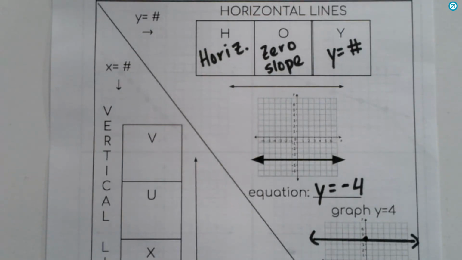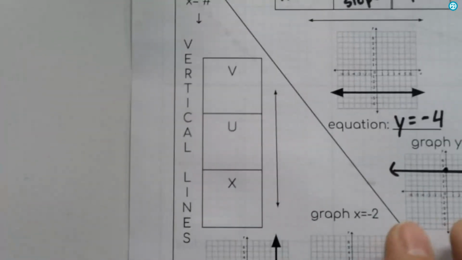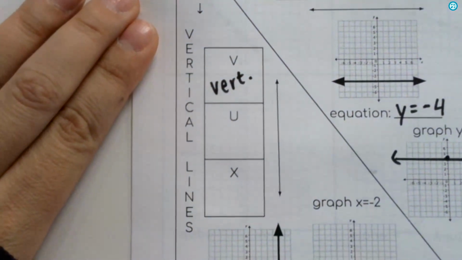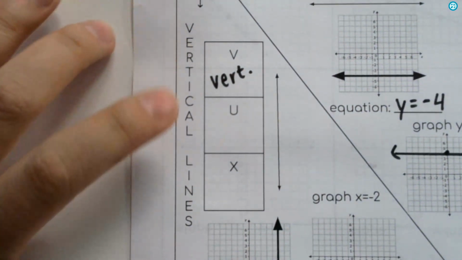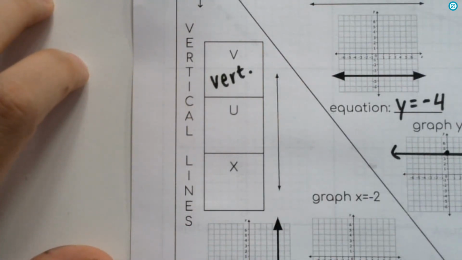Okay, so vertical lines is all the same, but opposite. So for a vertical line, our acronym is VUX, V-U-X. So V stands for vertical. I'm just going to abbreviate that as vert. The U is our slope.